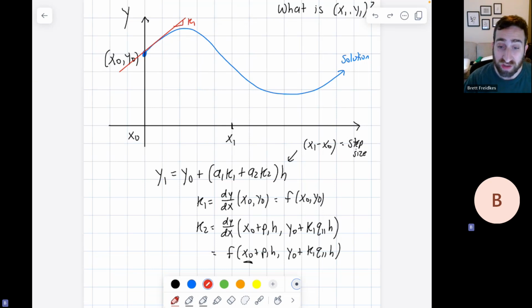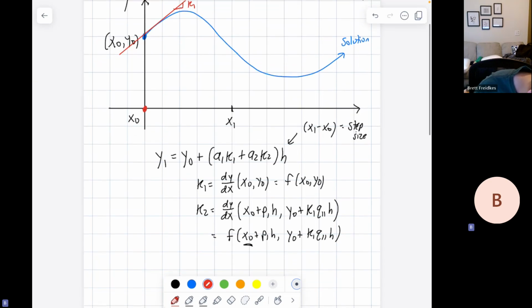If p1 was, let's say, a half, what that would mean is that my x that I'm computing for this K2 is actually right in the middle, half of h. If that's what p1 was, I would end up using that as my x coordinate for the point I'm going to evaluate the slope.